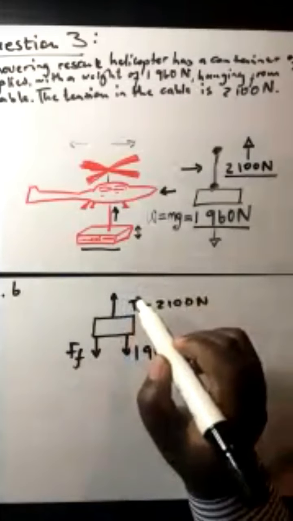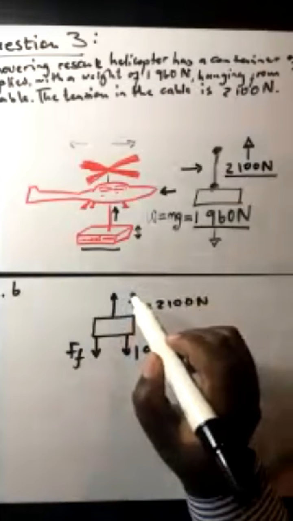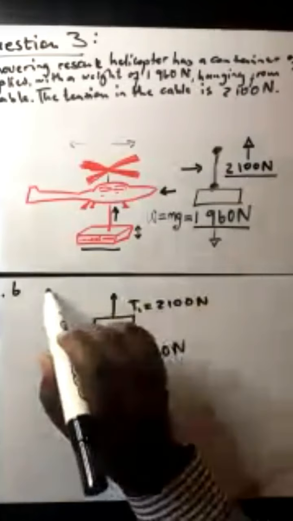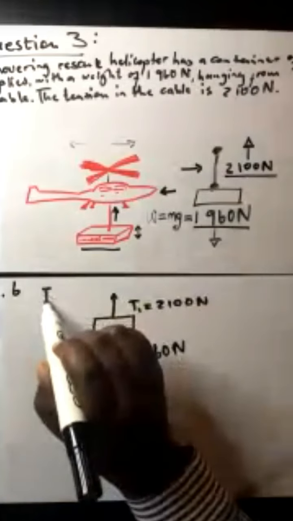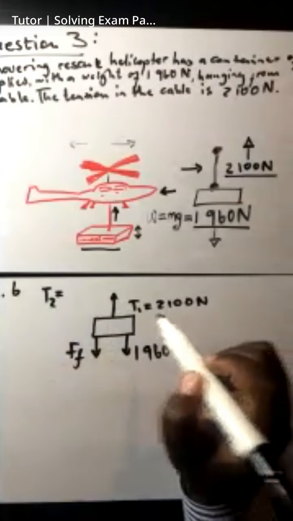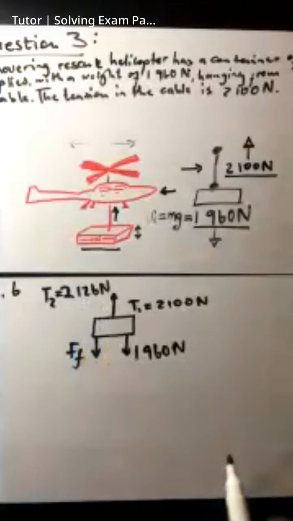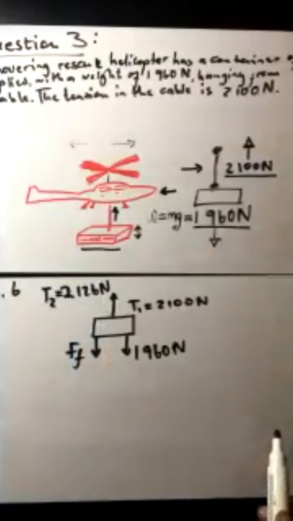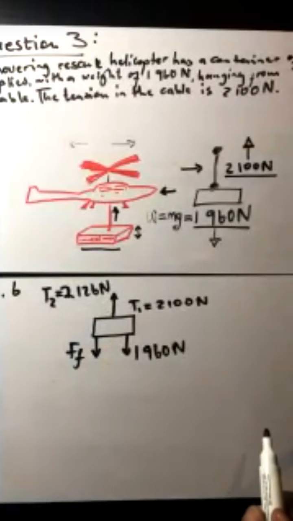So now remember, we also had tension number 2, whereby this was 2,126, I think, Newton.